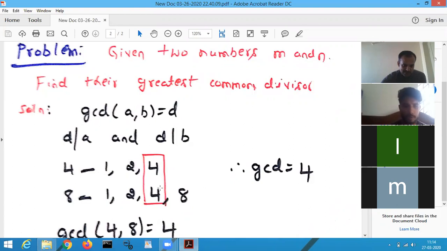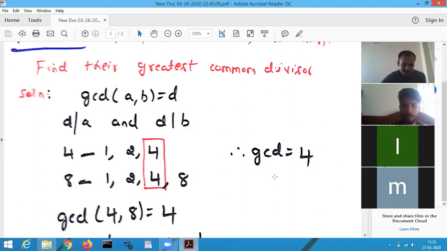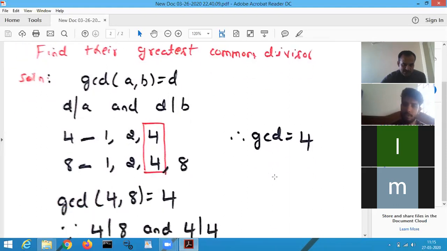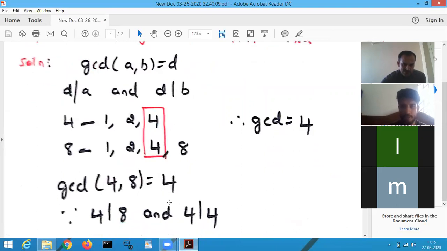Out of these, the common divisors, the greatest common divisor is what? 4. Therefore, we are getting GCD equal to 4. That's why we can say that GCD of 4, 8 is equal to 4, because 4 divides 8 as well as 4 divides 4.